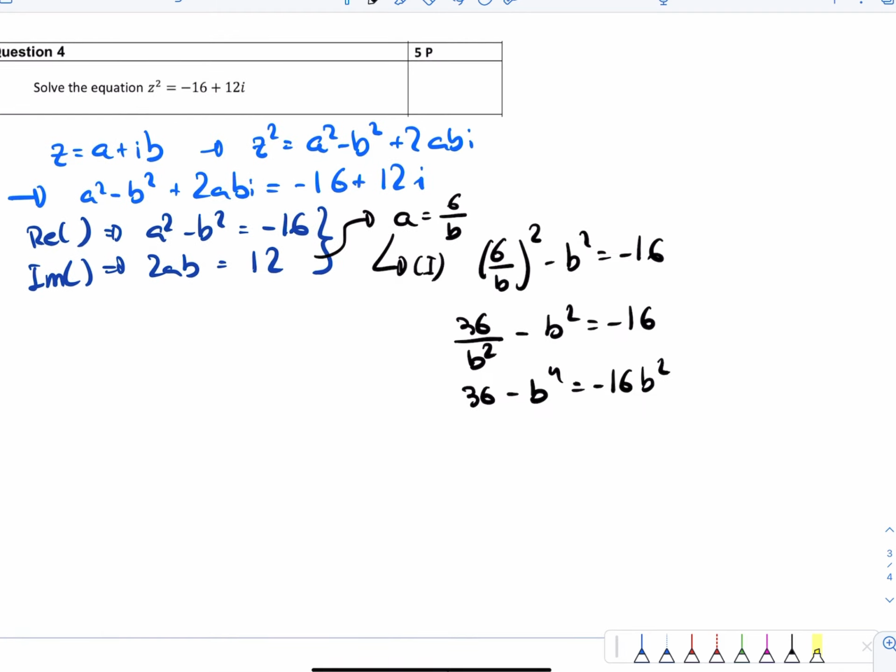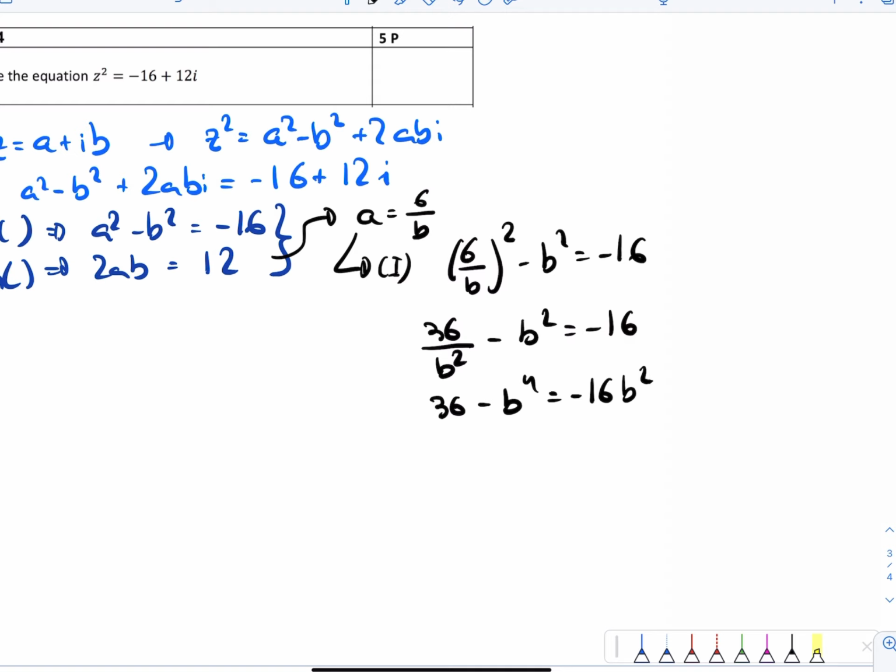When we get this, we get an equation that has a polynomial that has degree 4 and degree 2. This is a big quadratic equation, and we can do the change of variable t is equal to b squared. Therefore, t squared is equal to b to the power 4. And with this change of variable, the original equation is b to the 4 minus 16b squared minus 36 equals 0.